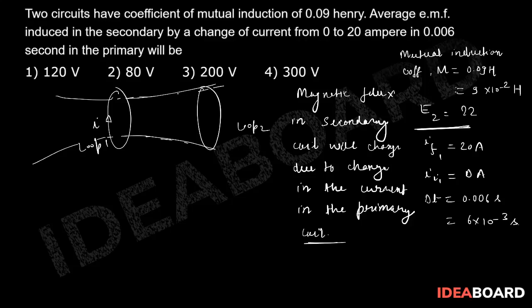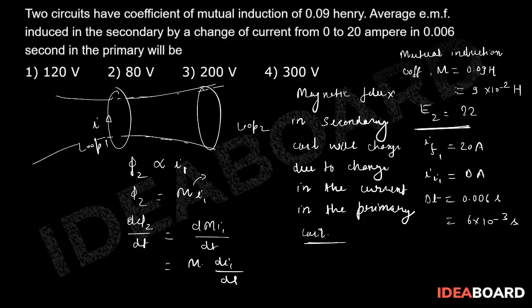So what will happen? I am saying that phi 2 will be proportional to I1. That means phi 2 is equal to M I1. So this M is nothing else, mutual induction coefficient, right? Now you need EMF. So if you differentiate both the sides, you get d phi by dt is equal to M dI1 by dt.